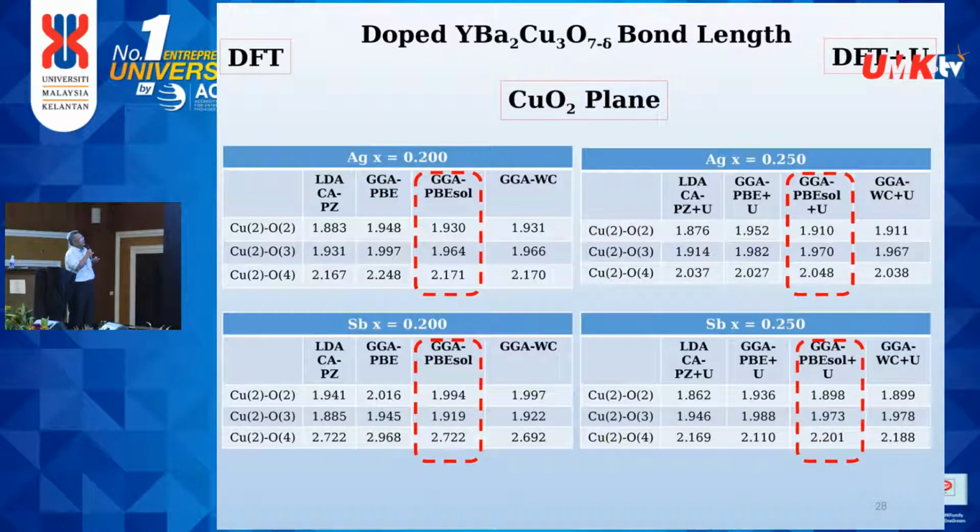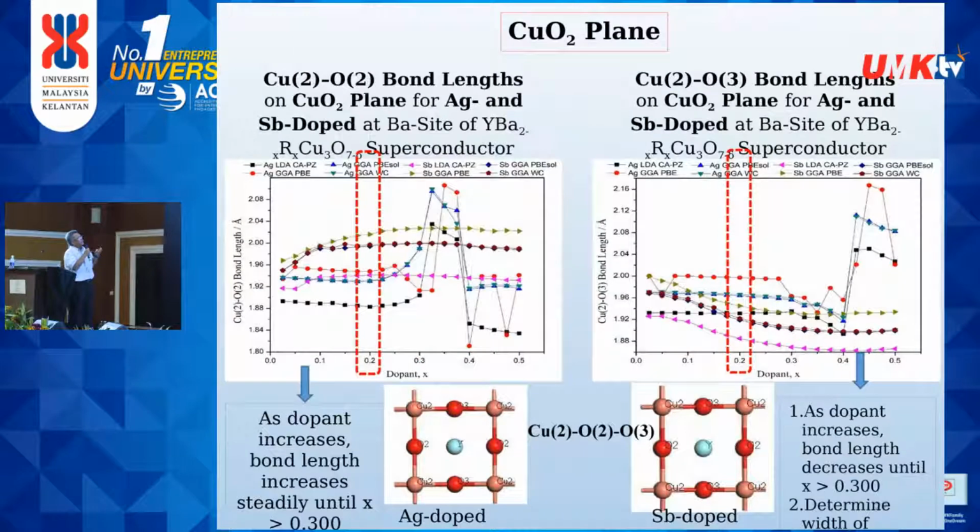Okay, so this is what actually happened at the CuO2 plane. At Cu2O2, bond lengths on the copper oxide plane of silver and antimony dope at the barium site of YBCO superconductor, you can see as dopant increases, bond length increases steadily until x equal to 0.3.